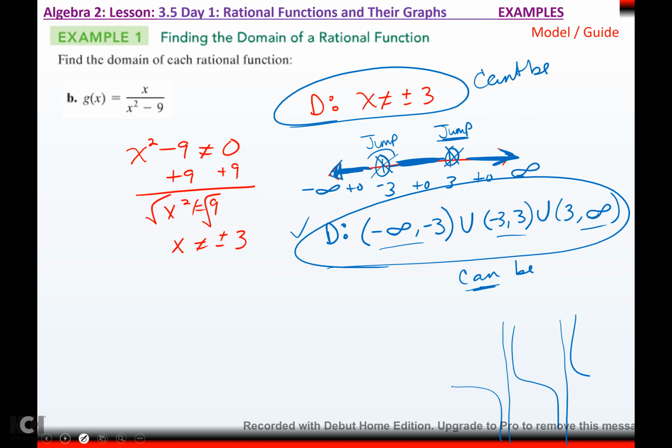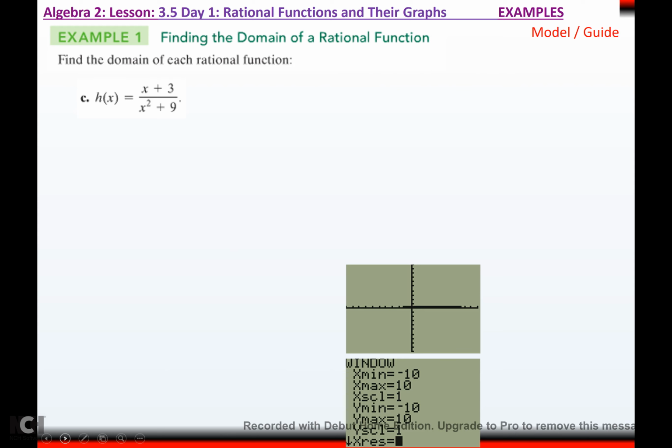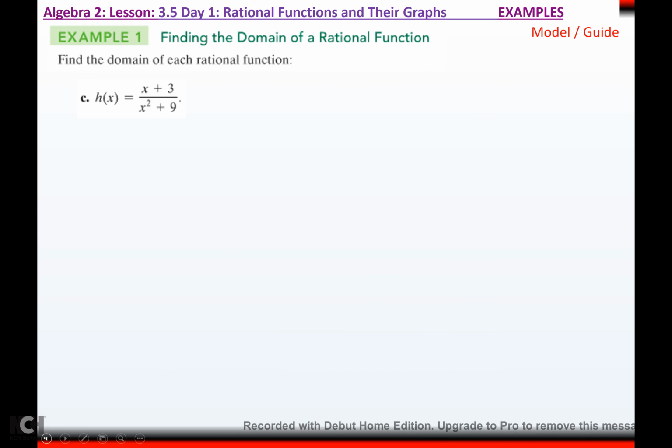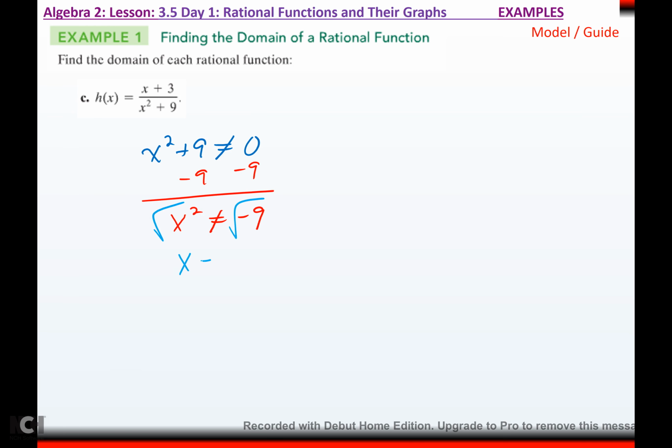Guess I skipped A. Okay, so for C, if I say Mr. Denominator, you may never equal 0, and I try to solve this, I would subtract 9: x squared can never equal negative 9. Square root: x can never equal plus or minus 3i.